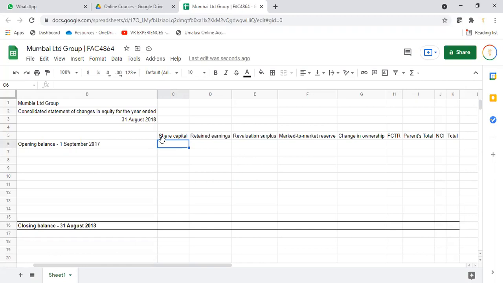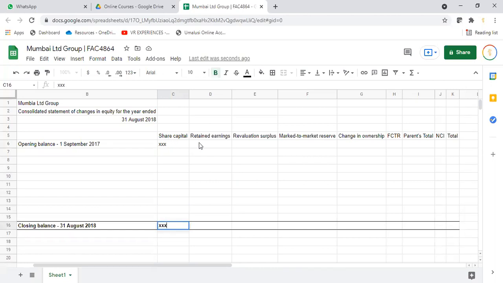So the opening balance will always equal the closing balance. In the real world, that's not true, but for our purposes, it is true.